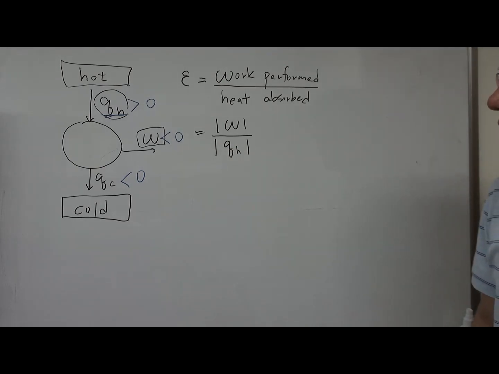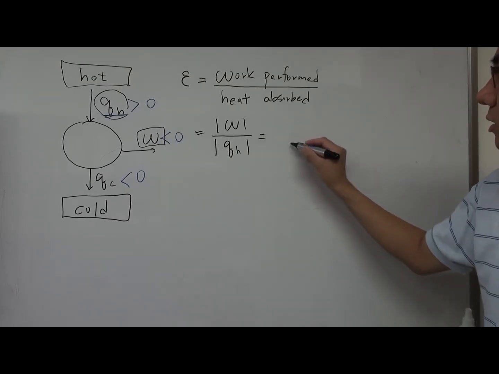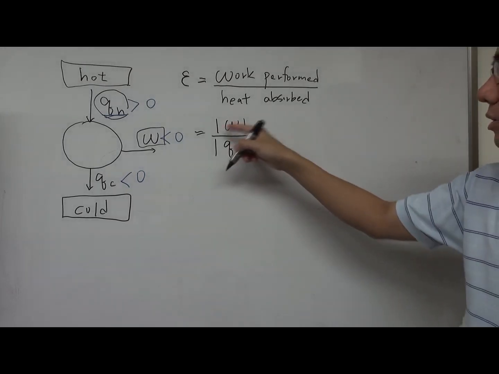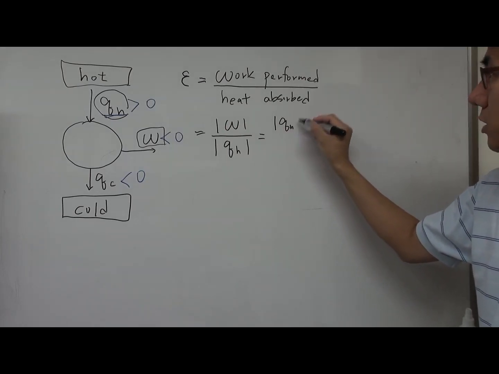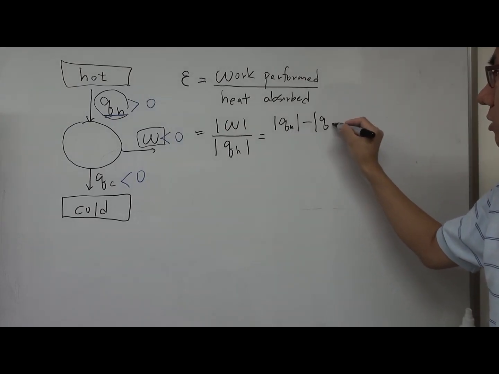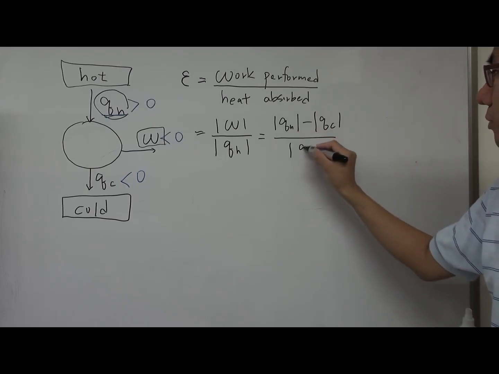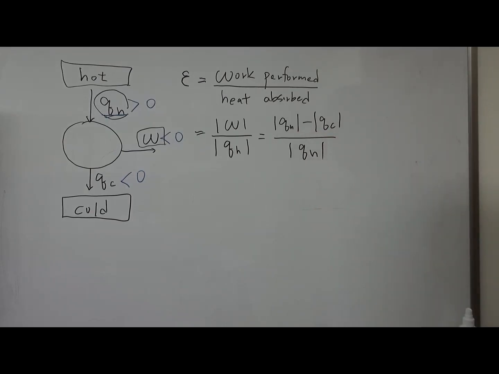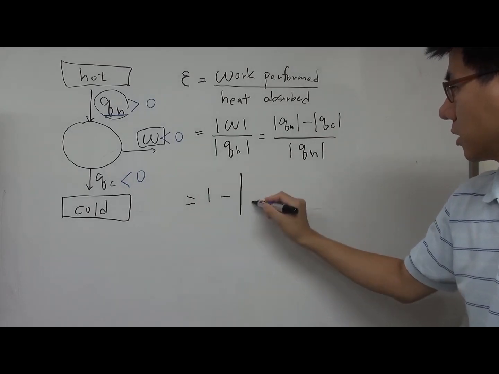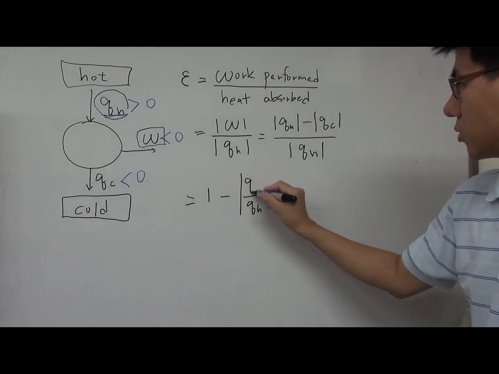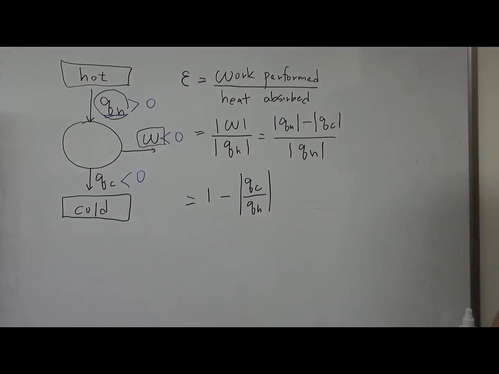Okay, so here the absolute value of W could be represented as QH minus QC easily, right? Easy? Okay, so which is 1 minus QC over QH. Okay?